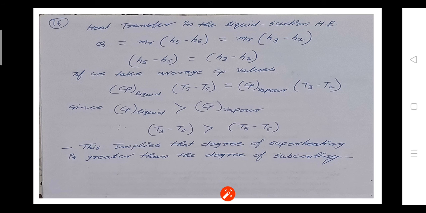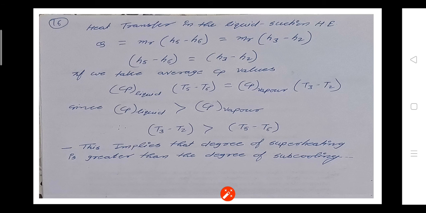If you take the average Cp values, H5 minus H6 you have to write in terms of temperature. At the exit condition of the condenser, liquid is there, so Cp of liquid times (T5 minus T6) equals Cp of vapor, which is at the exit condition of the evaporator, times (T3 minus T2).